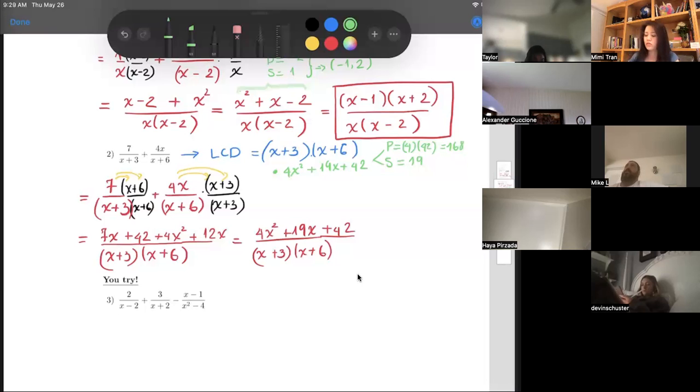Yeah, nothing we can do. There's no such number. I found some pair. I found 8 and 21, which is not going to be 19. And they both have to be positive, right? Because positive 19 and then positive 42. No, it's prime. So that's it. That's your answer.